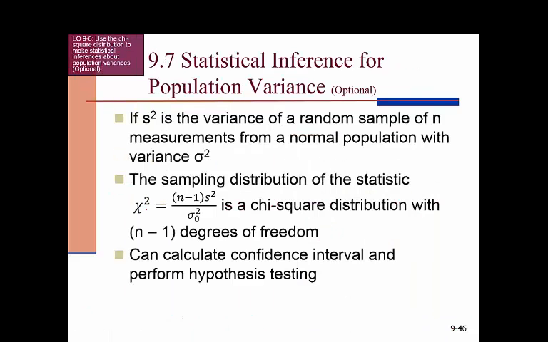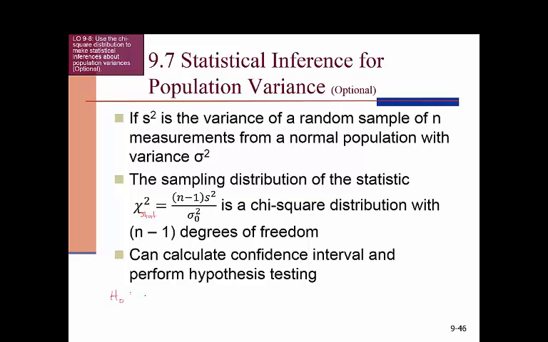Okay, and so we can compute the chi-squared statistic as the following. It's n-1, so sample size minus 1, times the sample standard deviation divided by your hypothesized population standard deviation. Right? So remember, your first thing you do is set up your hypothesis.